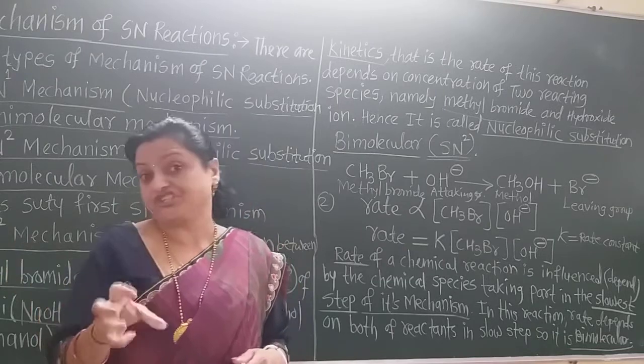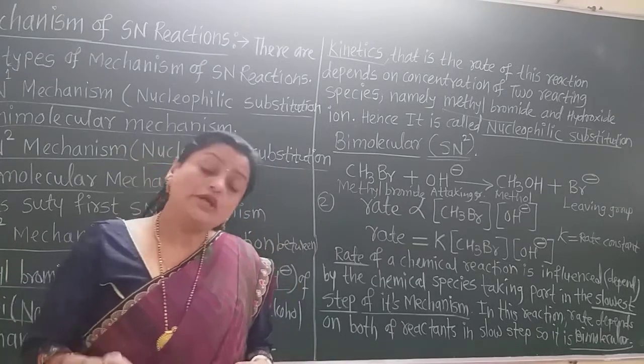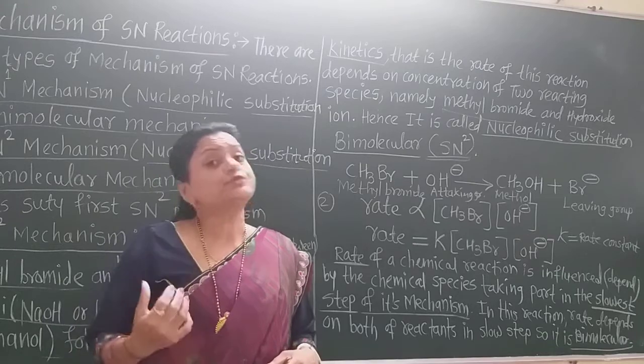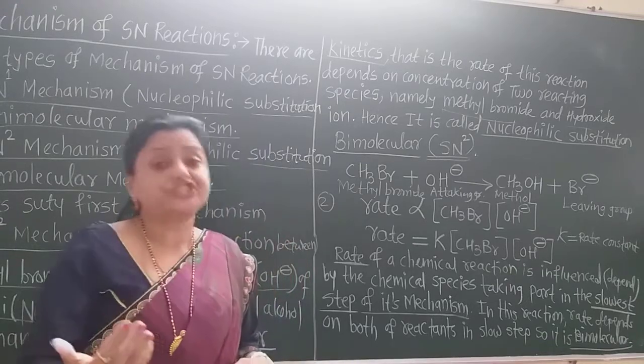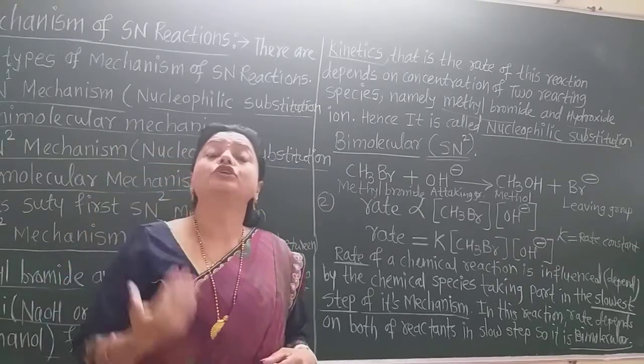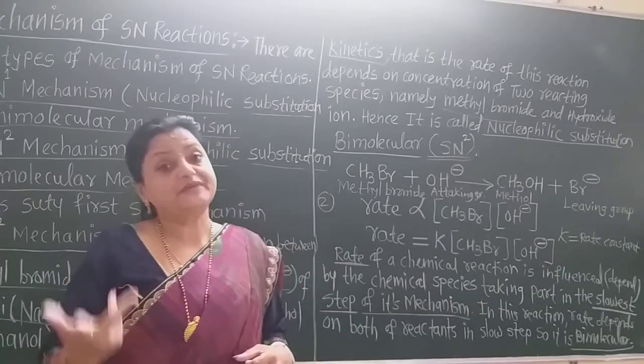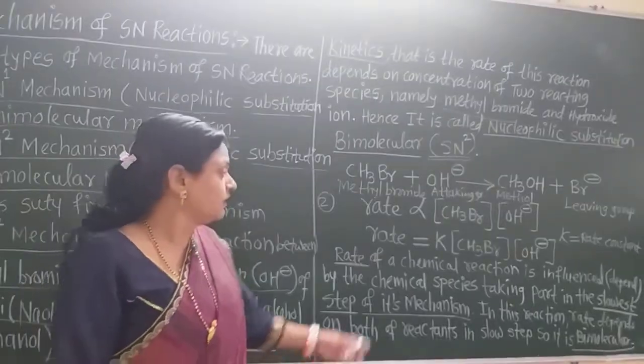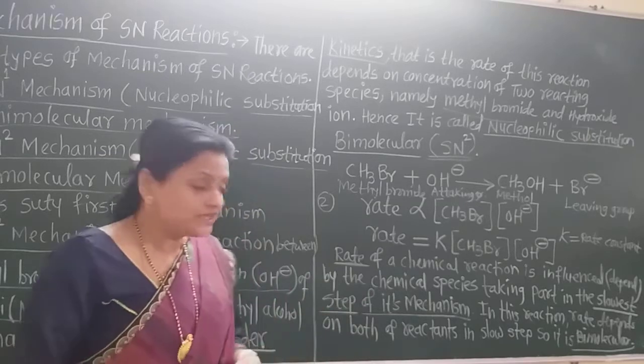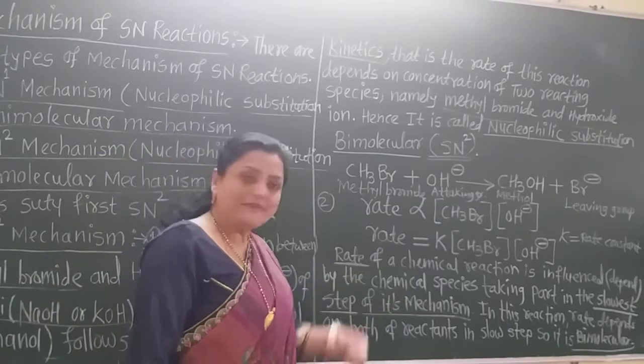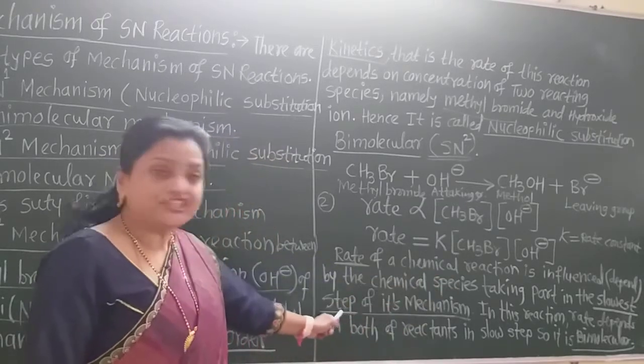In the slowest step, the rate is influenced by two different species of the reactant. So the rate of a chemical reaction depends on the chemical species taking part in the slowest step of its mechanism.